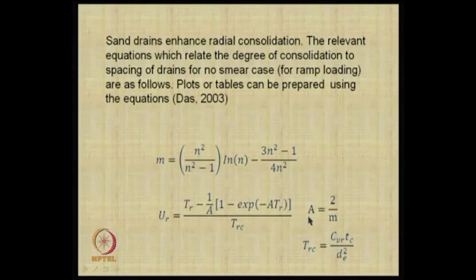You can see that this involves two terms. The term A is related to M, which in turn is related to N, and then you have TR, which is the time factor for radial consolidation. Tc is the construction time and D is the effective diameter.